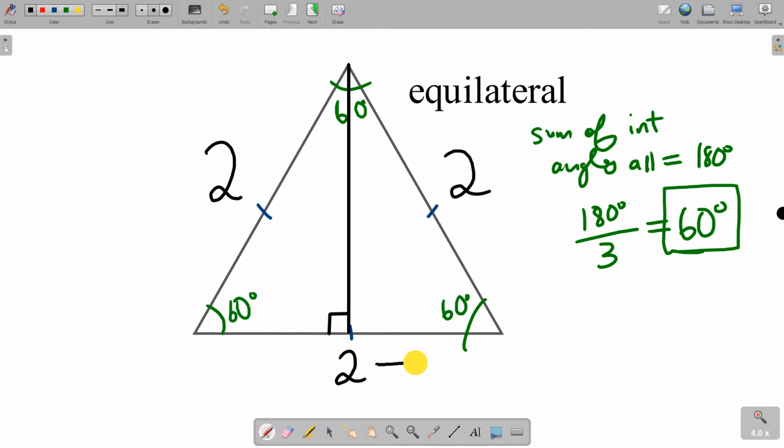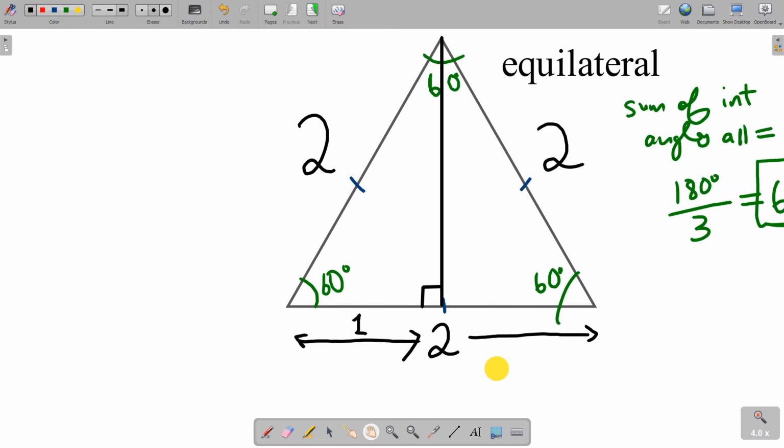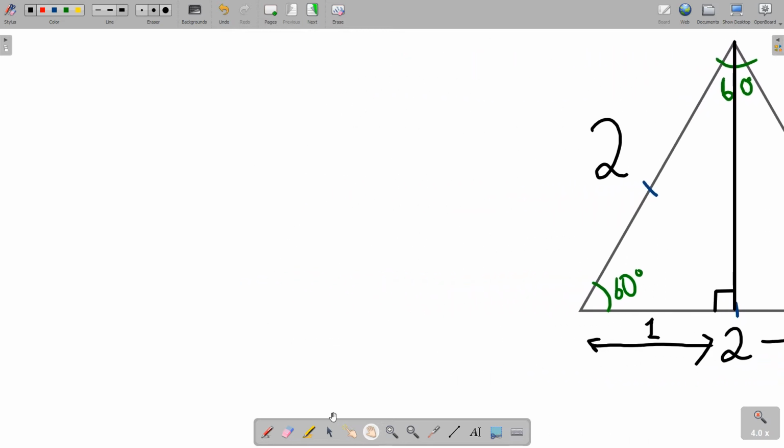Now, why does that matter? Well, guess what? I split this distance, which we didn't prove, exactly in half. And as such, this quantity of distance right here is exactly 1. That's why. So, let me just move this over here and redraw a very brief triangle situation of what's going on.